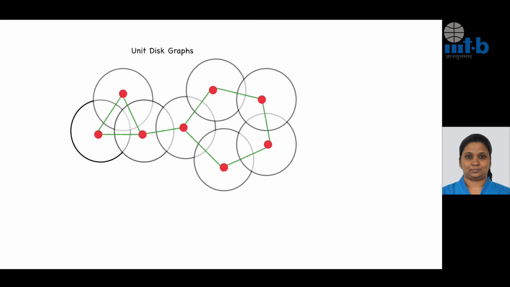For a unit disk graph, corresponding to every vertex there exists a disk of radius 1, and for every edge the corresponding unit disks intersect.